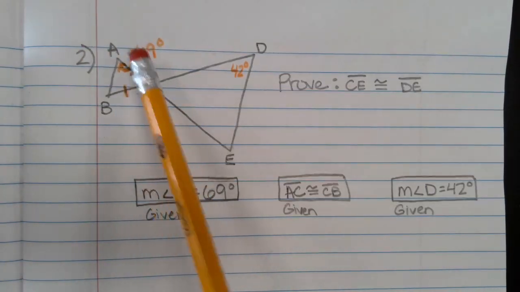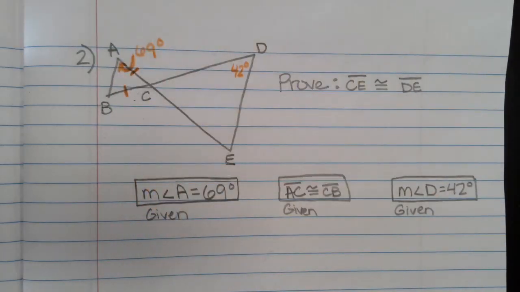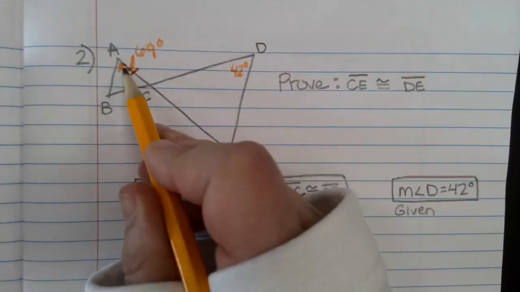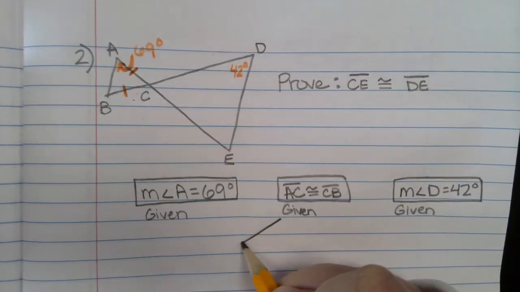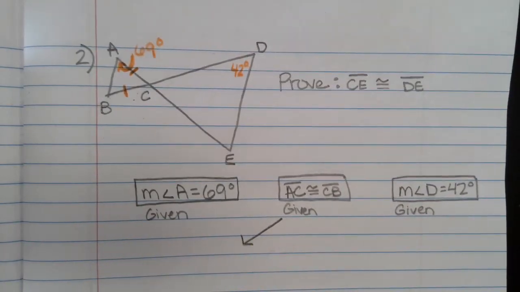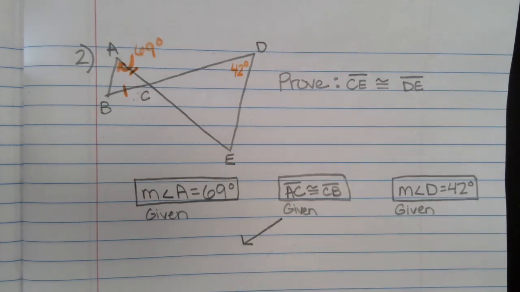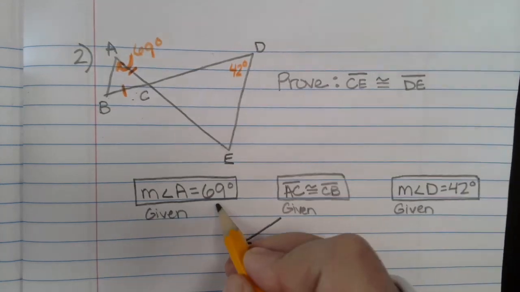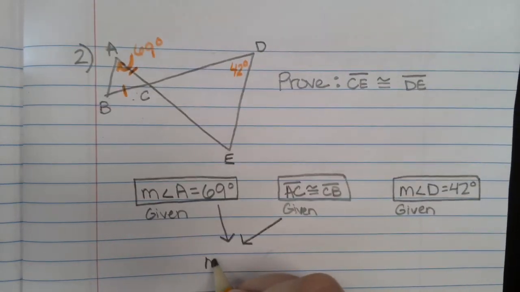The ones across from it, so across from this one we have B, across from this one we have A. So we know that A and B should be the same. So that comes from this idea. And we could write that out if we were doing a two-column proof. We'd probably have to write angle A is congruent to angle B and then go through all of that. But we know that they're the same. So what is angle A? 69 degrees. So what is angle B? 69 degrees.